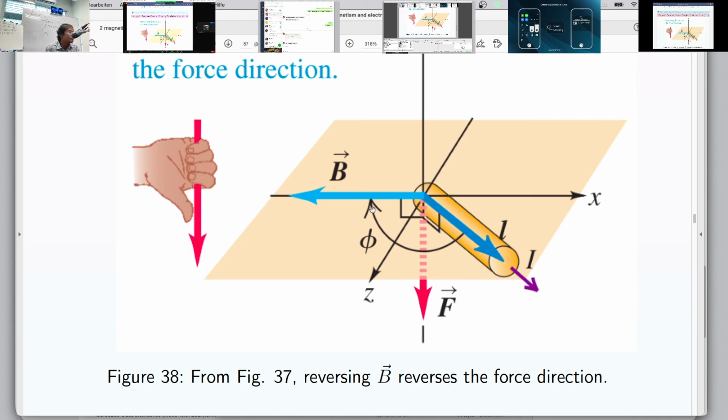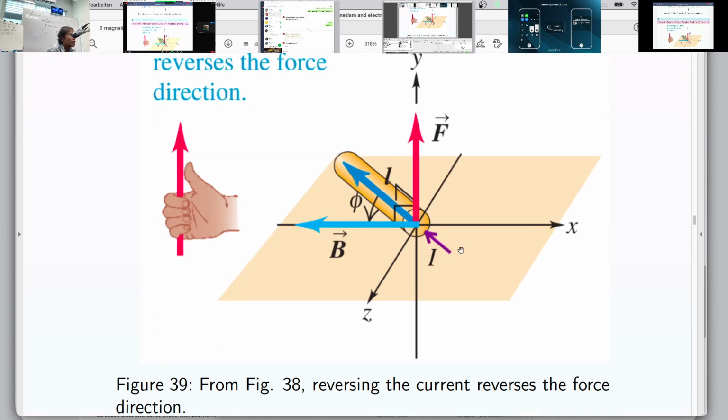You understand? After you do this, you start from vector L to vector B, you will find that the induced force is pointing downward like this. That's the case for this one. If you practice, you will better understand what is going on in this theory.